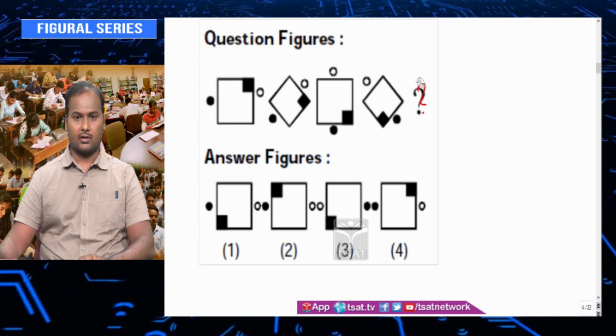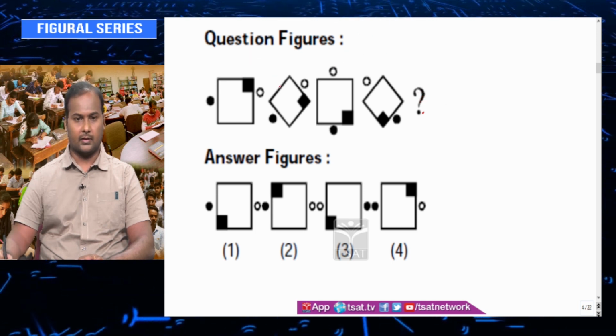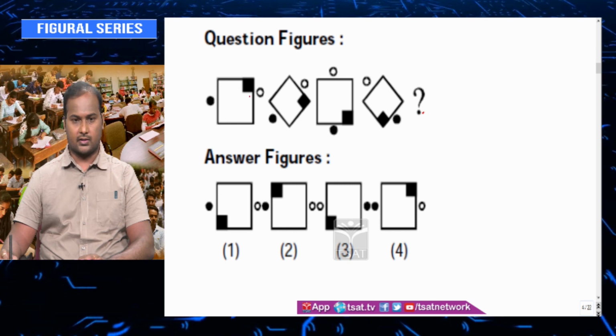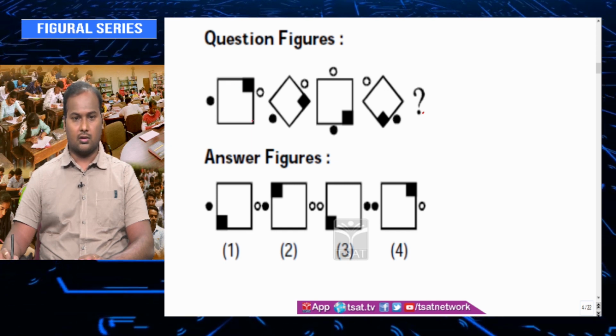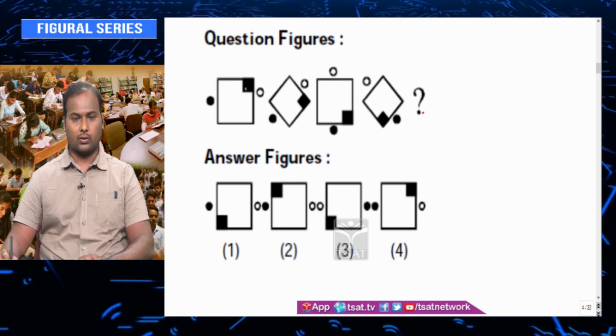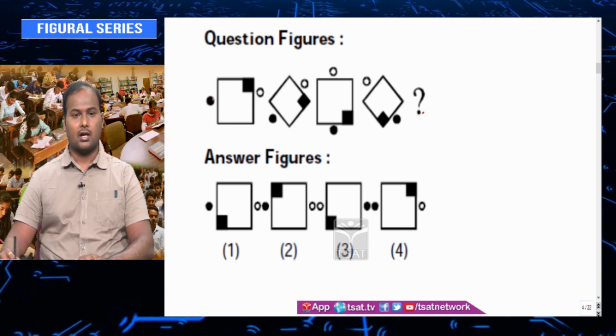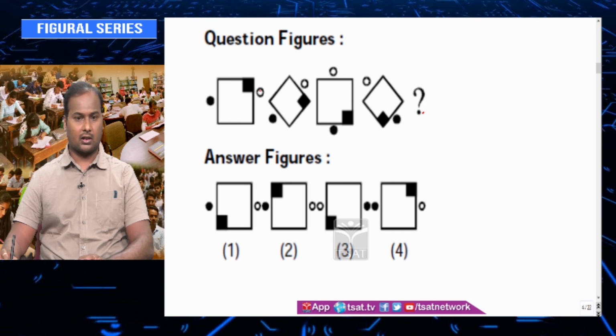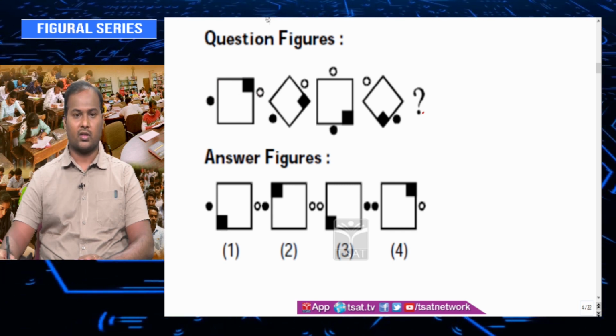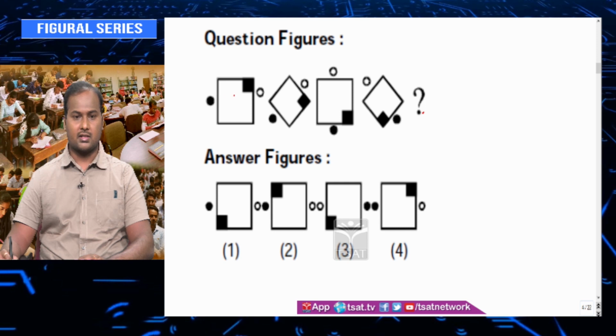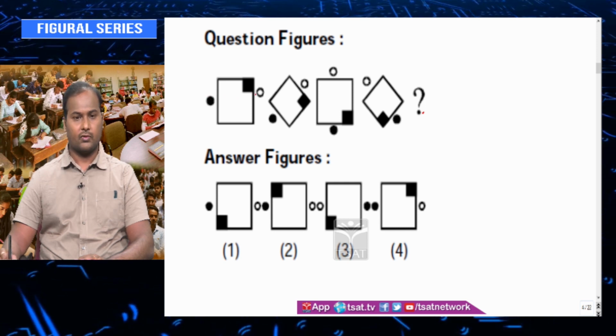So let's start the observation in this particular figure. There are two figures here: one is the square with a dark one inside, and the second one is outside, where you have two circles, one darker and another lighter. First we will observe the inside figure, later we will observe the circles.